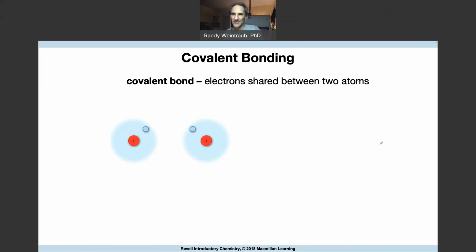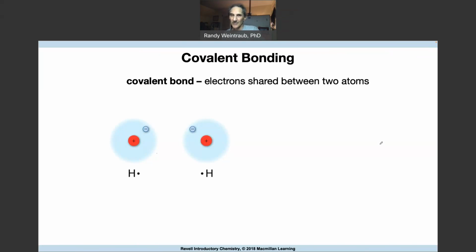For example, consider the bond between 2 hydrogen atoms. Each hydrogen atom has 1 electron. If we drew the Lewis dot diagram for that, it would be shown here.